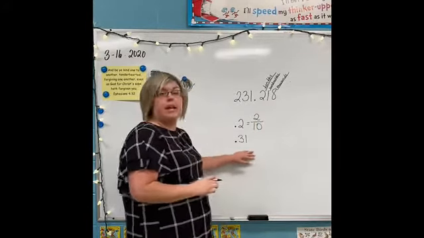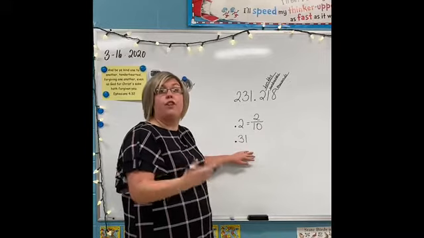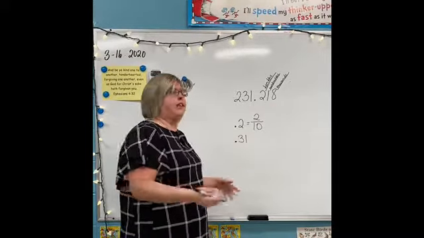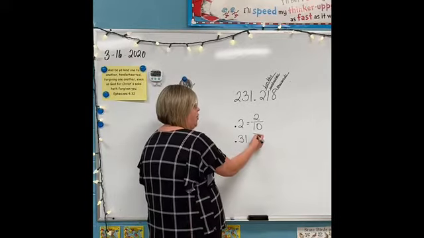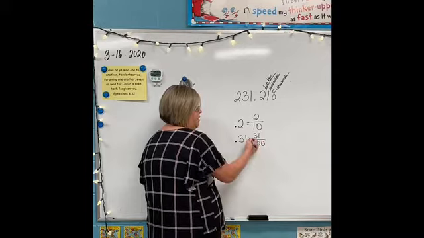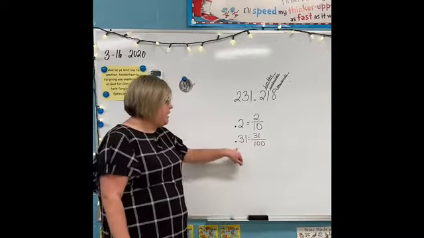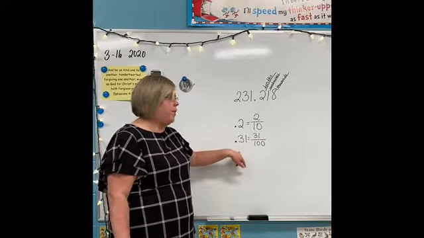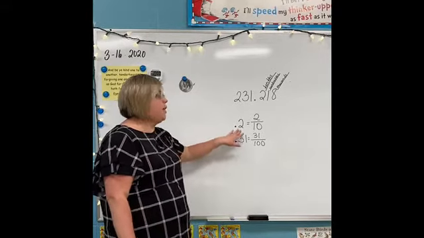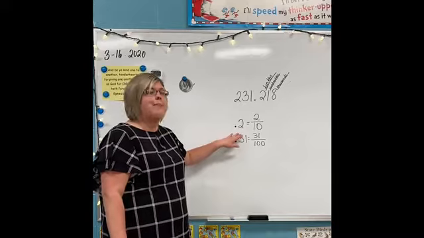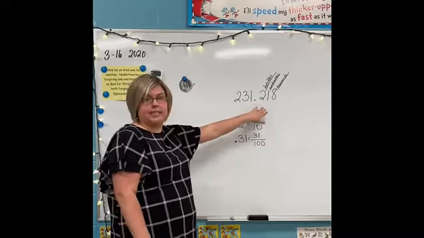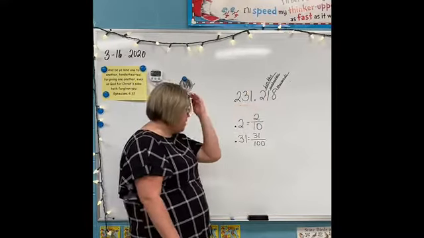I read the number and what place it's in: 31 hundredths. How do you write 31 hundredths? Pretty easy: 31 over 100. This 0.31 is the same thing as 31 hundredths. And 0.2 is the same thing as 2/10. You see that? Because it's whatever place it's in on the place value chart.